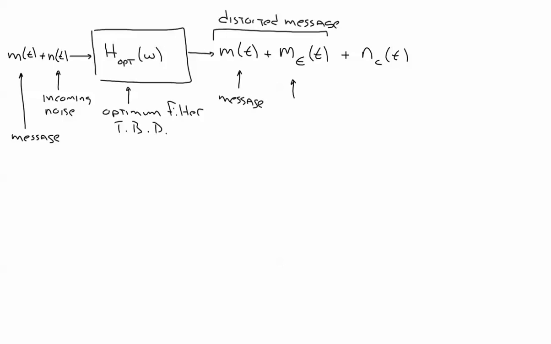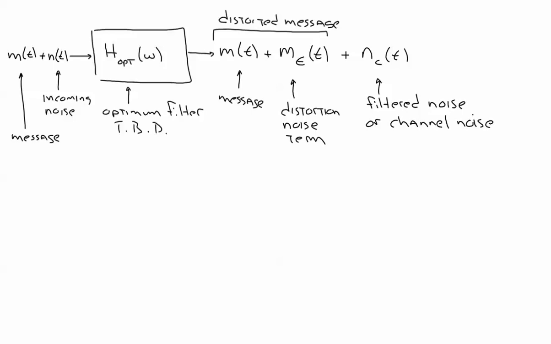This is an additive distortion term. And we'll pretend that it's a noise term since it's something I don't desire. So it's going to be a distortion noise term. And this is going to be my filtered noise, also known as channel noise. Filtered noise is sometimes referred to as channel noise, thus the N sub C.